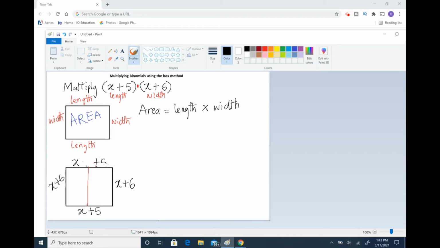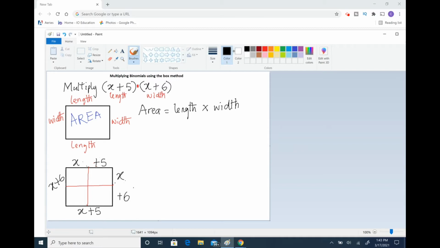On this side, we do the same process: we put x on top and positive 6 on the bottom.